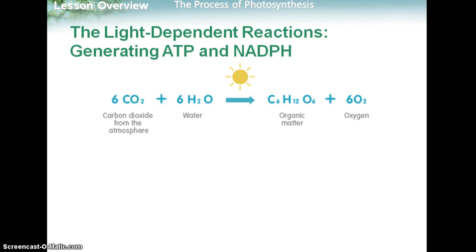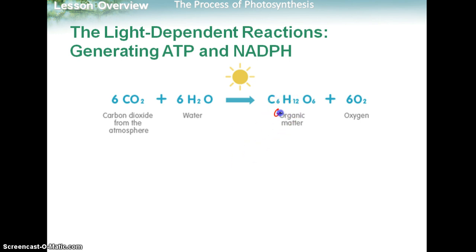Remember that in the overview we gave the overall equation for photosynthesis: 6 carbon dioxide molecules plus 6 water molecules plus energy that we get from the sun yields a glucose molecule, which is labeled here as organic matter.